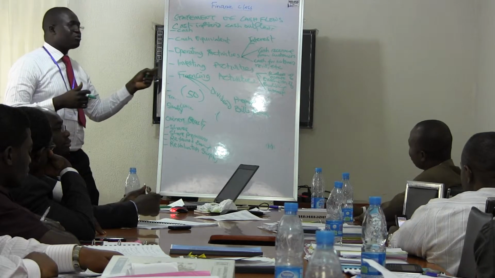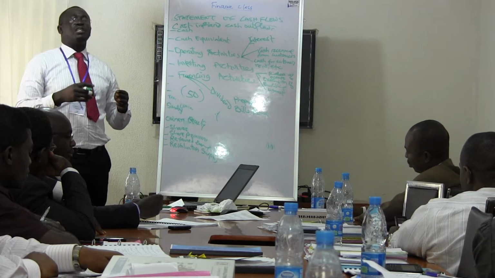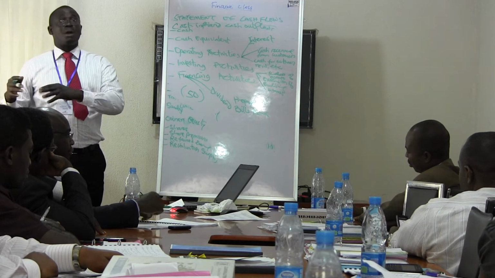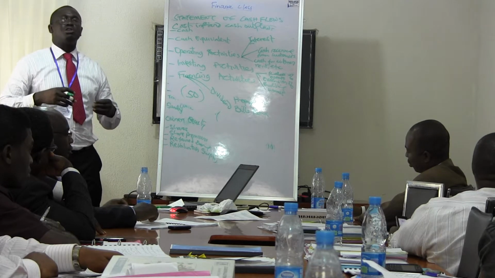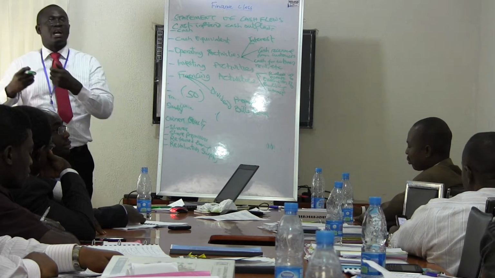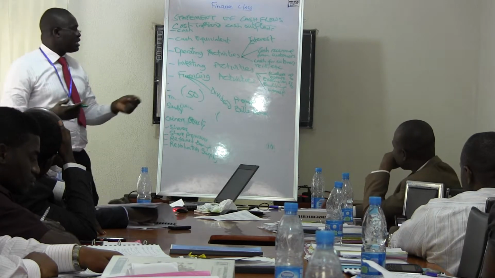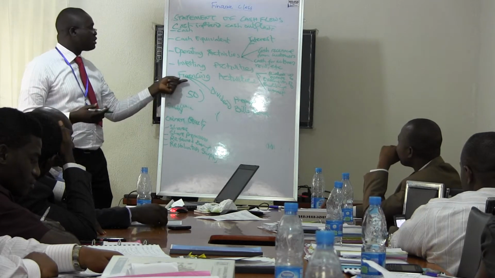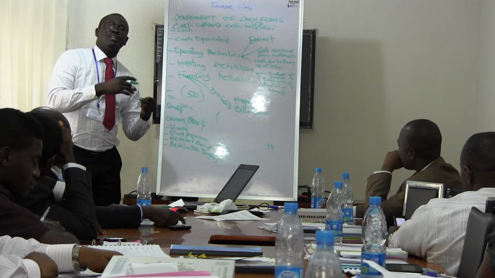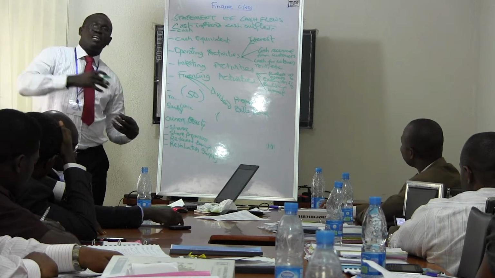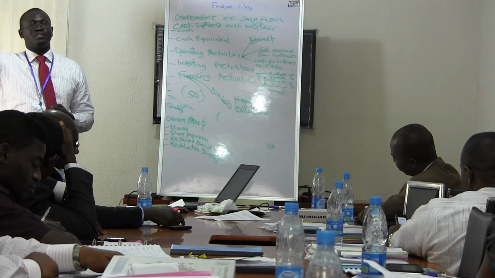For Lily to come and be part of this good news, you need to pay so much in raw cash. The actual amount you paid will fall under financing activity, because you are using your resources to finance the activities of another organization.